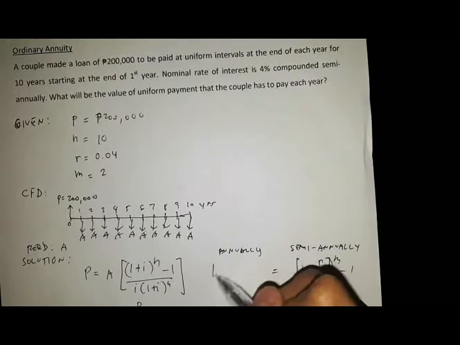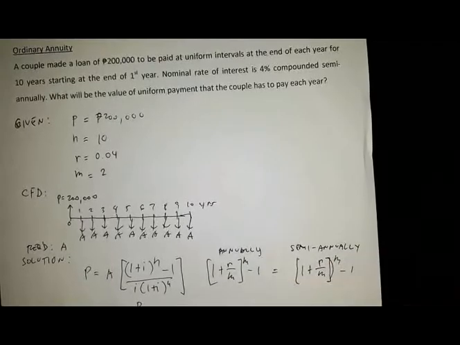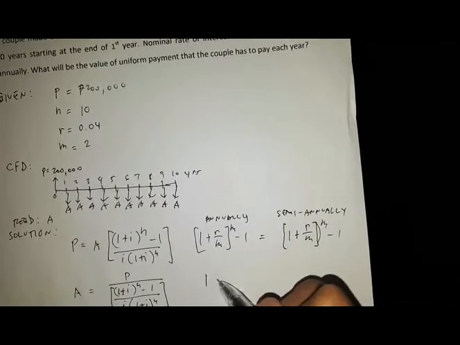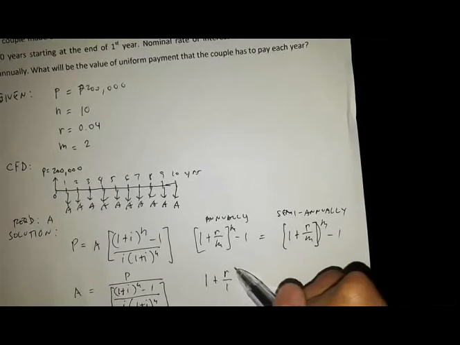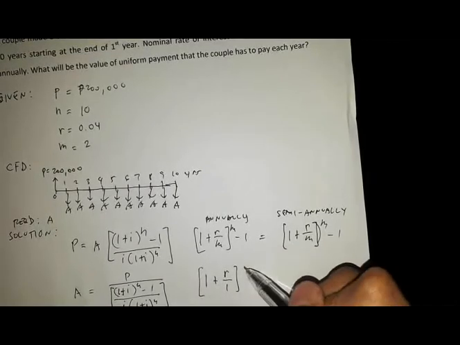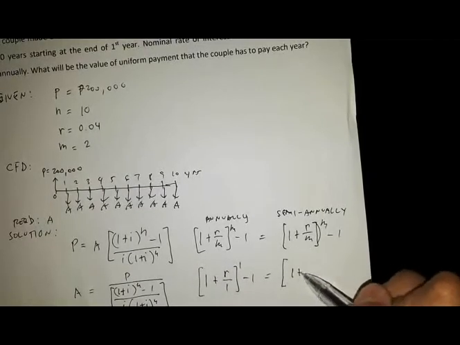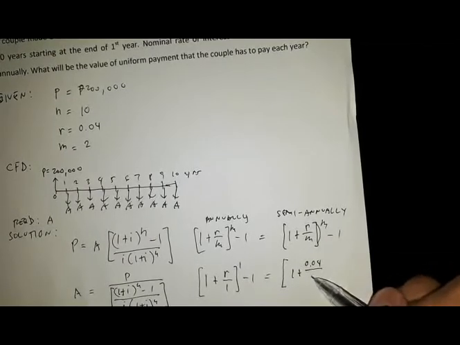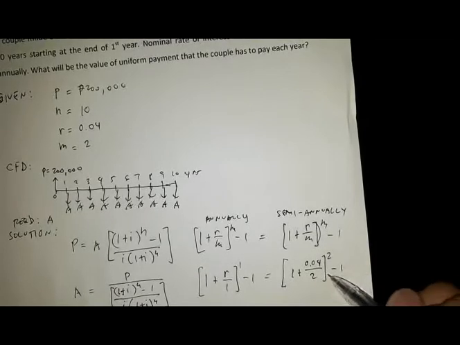For annually, we have 1 plus your nominal rate, your m is 1, minus 1, equals semi-annually (1 plus r, which is 4% semi-annual, divided by 2) squared minus 1. So you can cancel this and equate.